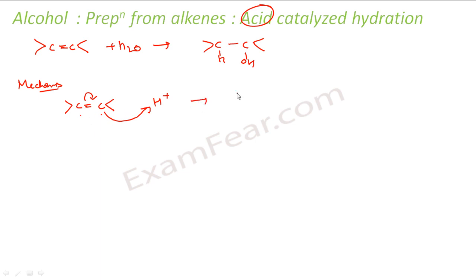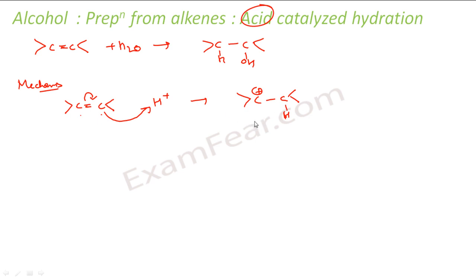Now what you get is carbon with the positive charge. If you see, the carbocation is formed, and this is a nucleophile attack. Why nucleophile? Because after this plus is formed, water attacks this position.